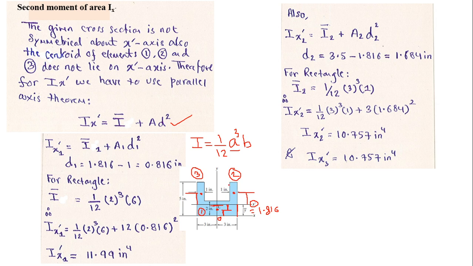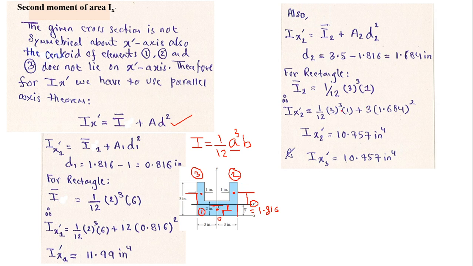And we have to now look at the dimension which is perpendicular to the x dash axis for this rectangle 2. So the dimension that is perpendicular to the x dash axis is this dimension, which is 5 minus 2, 3. So this dimension was actually 3.